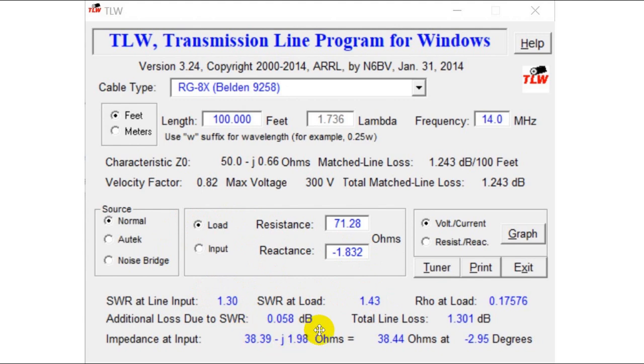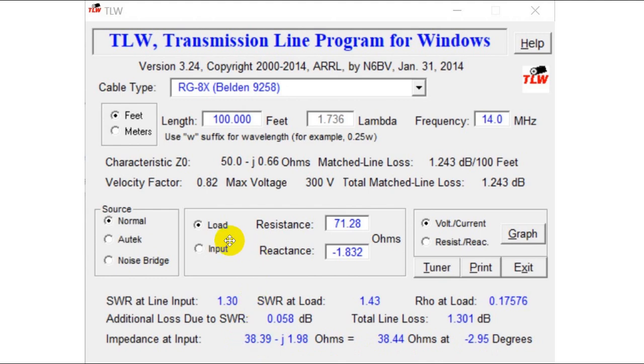Now, here you'll notice that the total line loss is 1.3 dB, and you add about 0.06 due to the feed line. Now note the input impedance, 38.39 minus j1.98, or 38.44 ohms at minus 2.95 degrees, okay? Now note that this is being fed by a 50 ohm transceiver, so that's what you'll see.